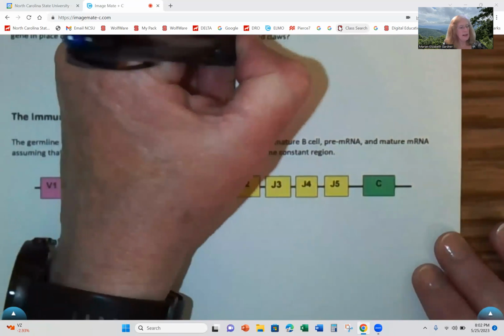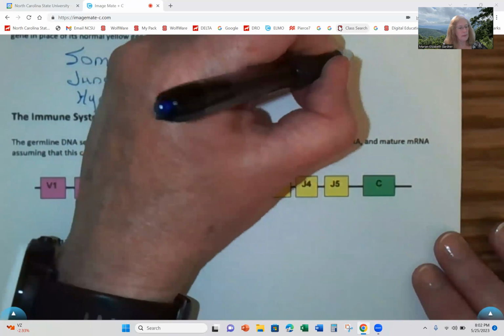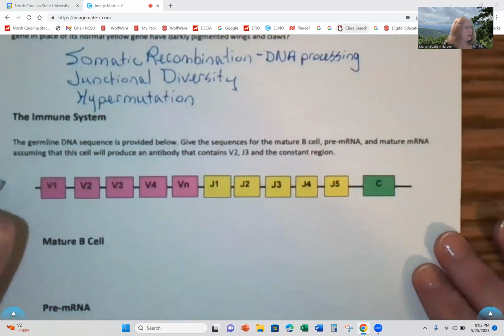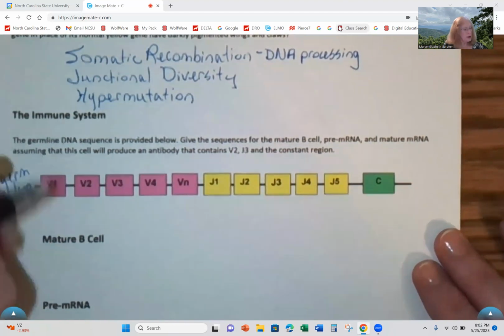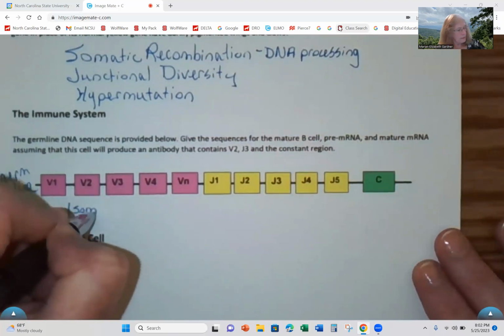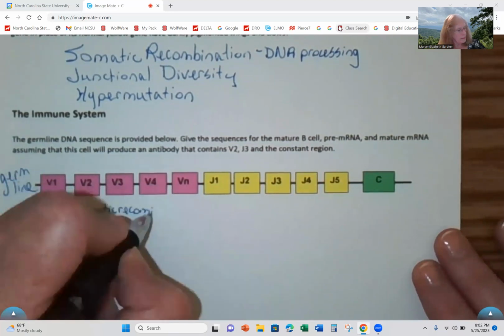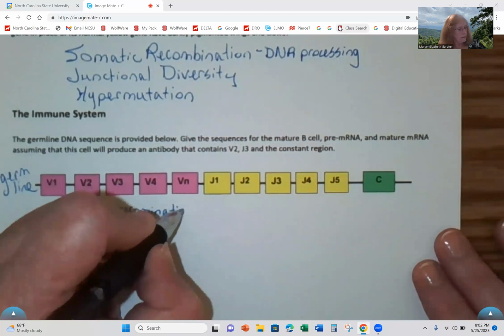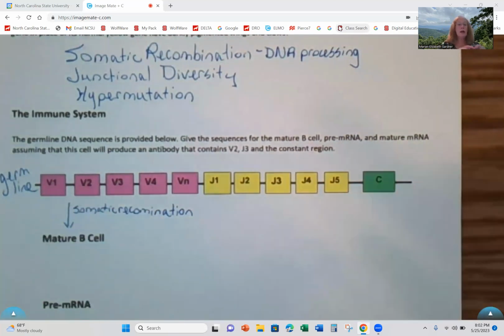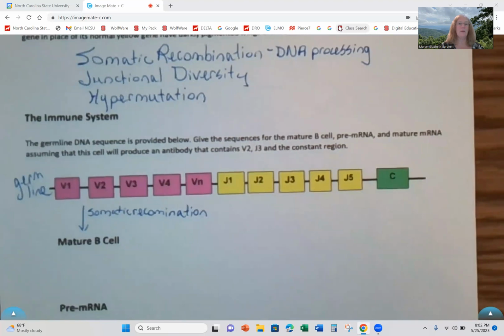Somatic recombination is like DNA processing. It's the step that occurs going from germline DNA, such as what I have here, to get to the mature B cell. It's going to cause some chunk of this DNA to be removed so that the mature B cell has shorter DNA than the germline sequence.